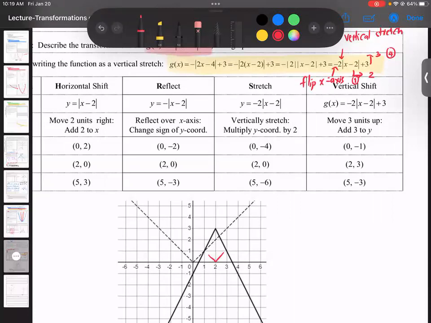I'm not going to draw the whole thing because I'm going to move again. And then you reflect over the x-axis, so it becomes like that. Then it stretches. This has the same width as the original. You stretch by 2, meaning you multiply the y coordinate by 2.